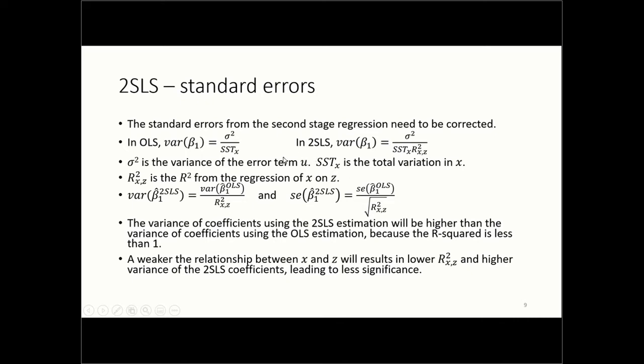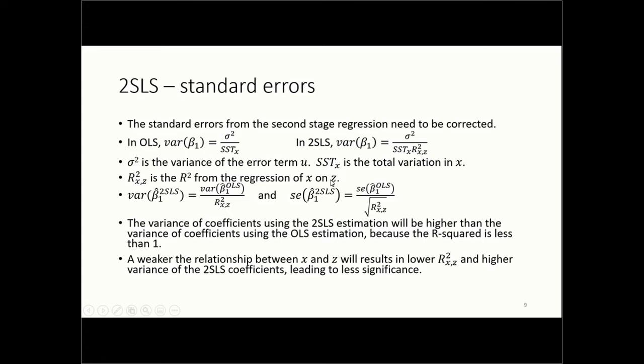We have seen this formula when we talked about simple regression. Now, to correct this formula we need to divide by the r squared between x and z, which is the r squared from the regression of x on z.